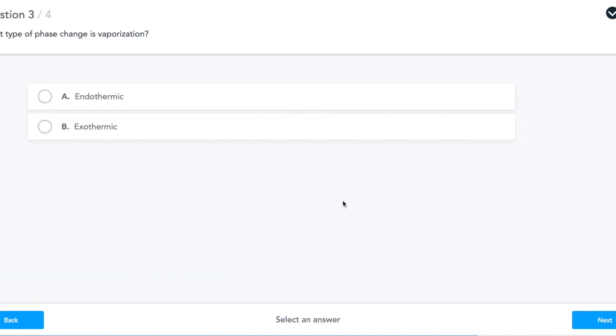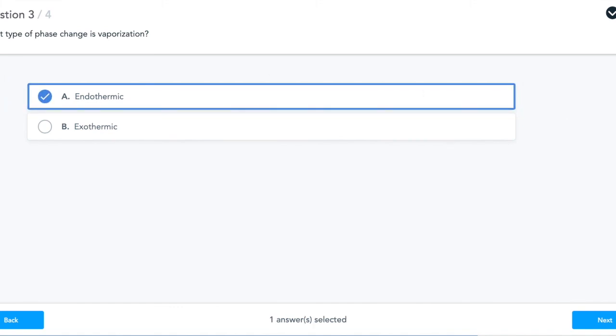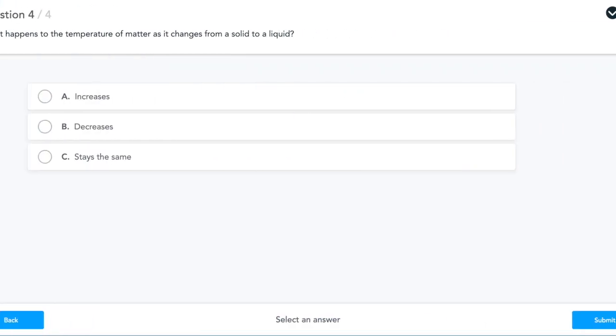What type of phase change is vaporization? If you think about vaporization, think about a pot of water sitting on a stove. You have to turn that stove on, and therefore there's going to be energy going into the water, and therefore it is an endothermic phase change. What happens to the temperature of matter as it changes from a solid to a liquid?